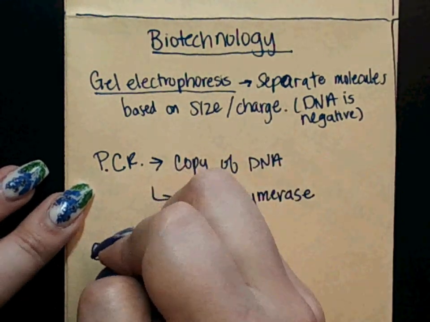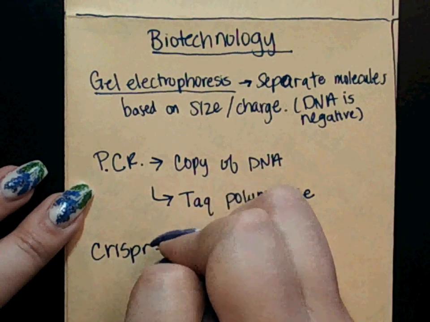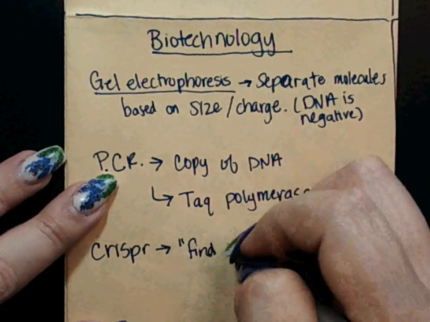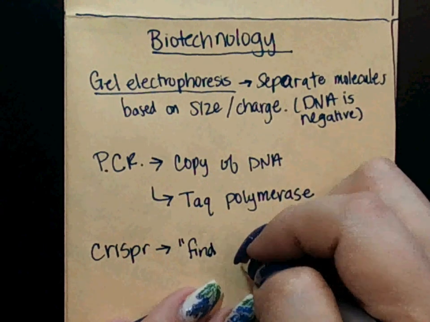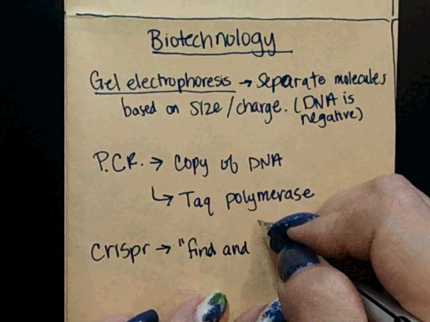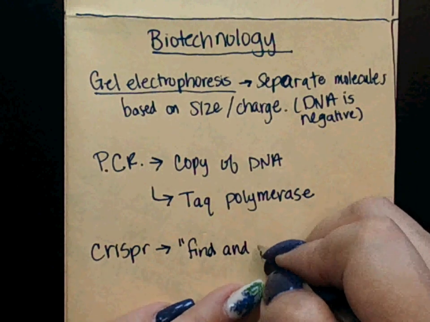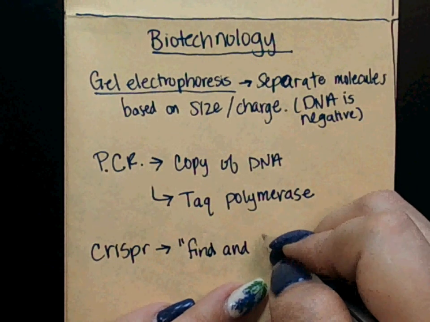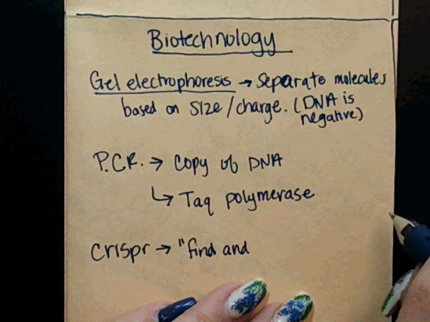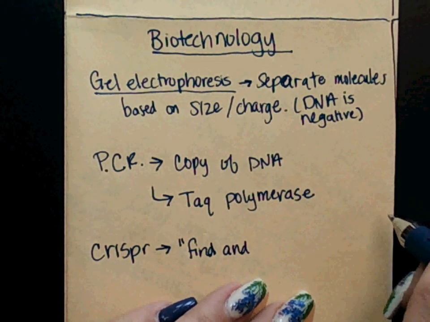The next one we're going to talk about is CRISPR. CRISPR is a way to kind of find and replace DNA. It is enzymes. It was discovered fairly recently, and the woman who was part of a group who discovered CRISPR actually won the Nobel Prize in 2021.